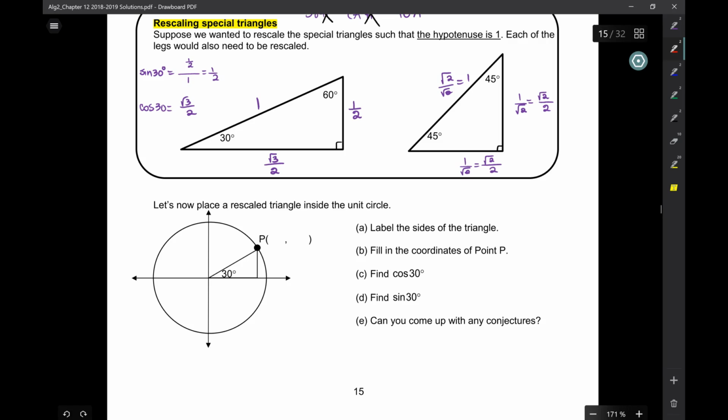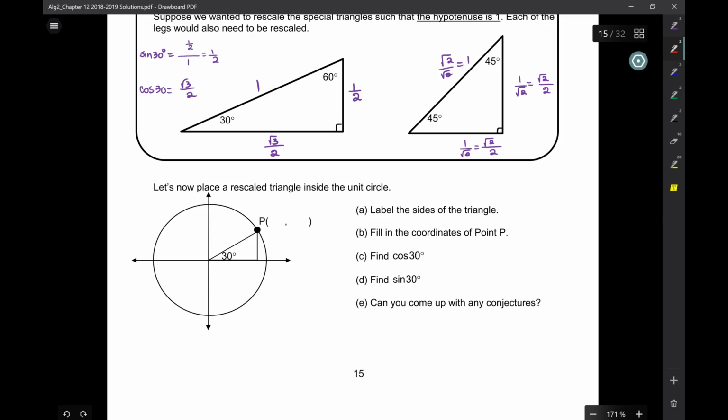Now, we're going to place a rescaled triangle inside the unit circle. Here, a 30, 60, 90. So, this is 90 here, right? Now, look at this triangle. I have 2 sizes for the legs. One is 1/2.